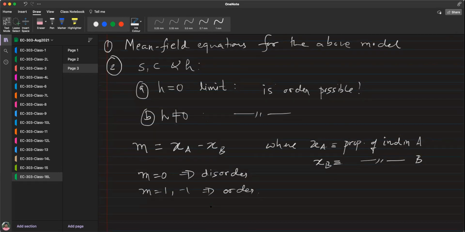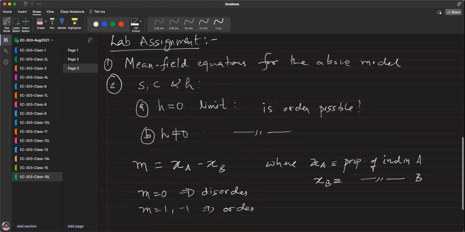Okay. So you can think of this as a non-spatial model of collective behavior. This collective behavior could be motion if you are interpreting A and B as two directions. It could be honeybees choosing between two nests, arriving at a consensus.